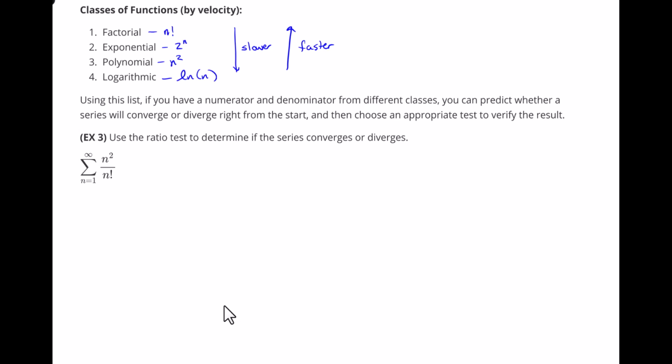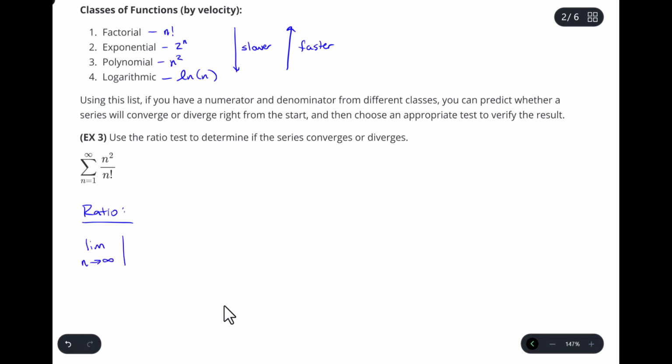There shouldn't be any question about it. But that doesn't prove it. We need to do some sort of test to prove it. But it's nice to know that we've got a pretty good intuition that it's going to converge. Since these are in different function classes, the ratio test is probably a good idea. Let's give it a shot.